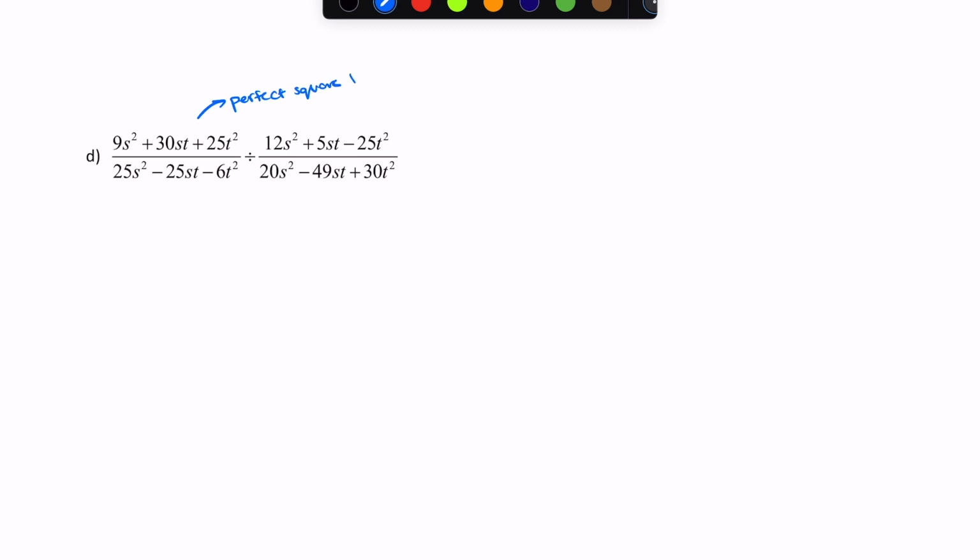Here, perfect square trinomial, you see that that's going to give us 3s plus 5t, squared.